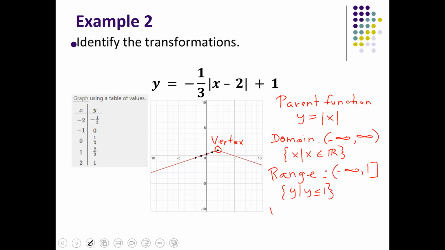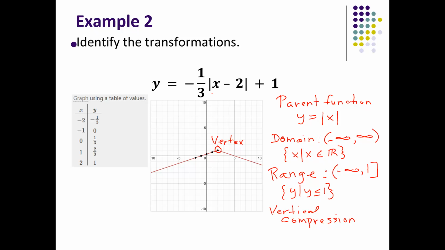This one has a vertical compression because of our negative fraction here. And that's pretty much all we can look at for this example.